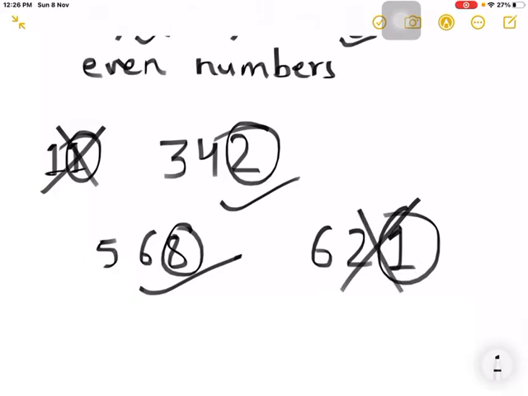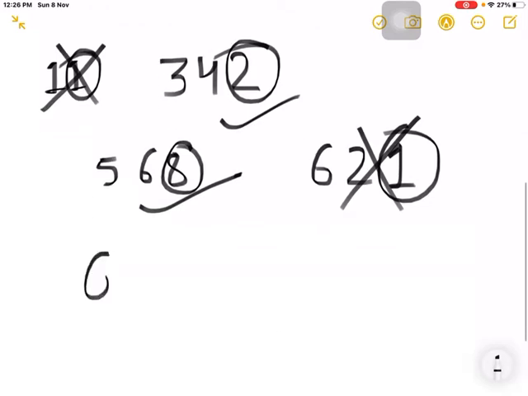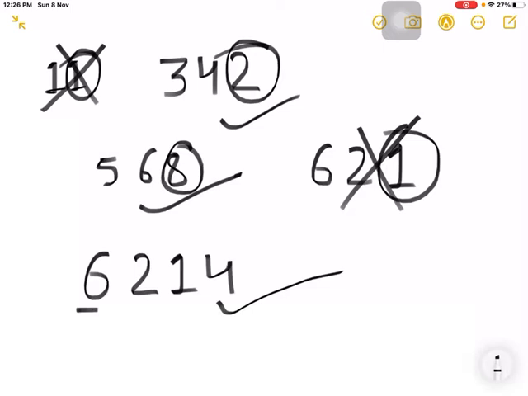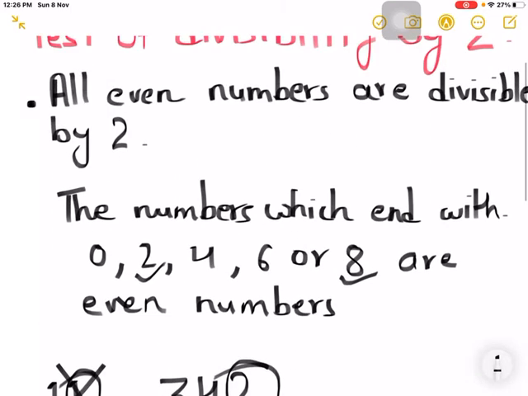This is how we identify whether the number is divisible by 2. If 621 is given, then it is not divisible by 2. So if we add 4, then the whole number is divisible by 2. This is the very easy way to identify.